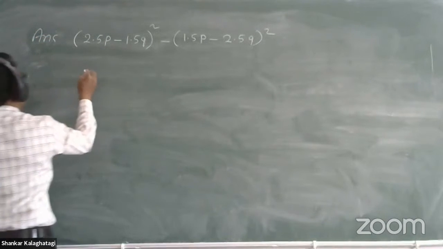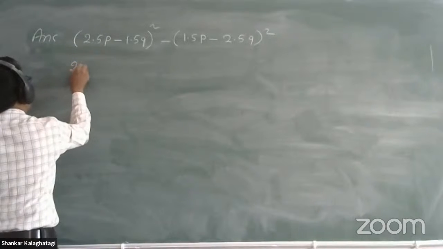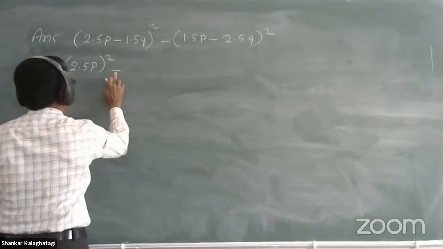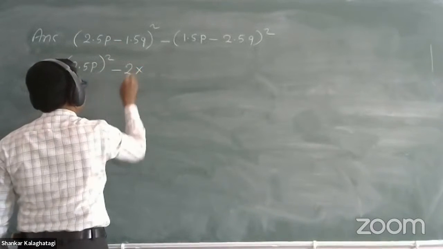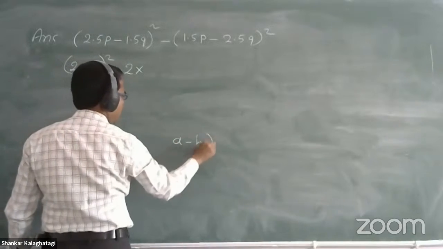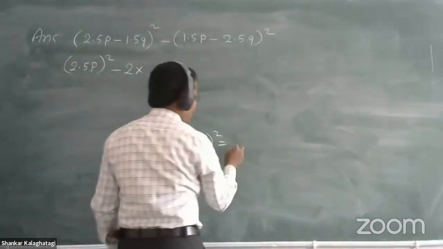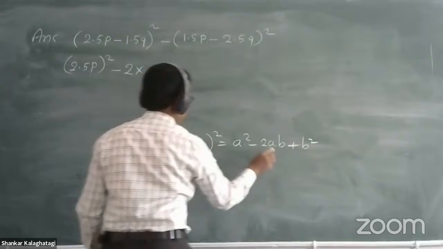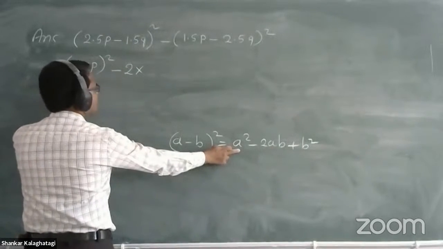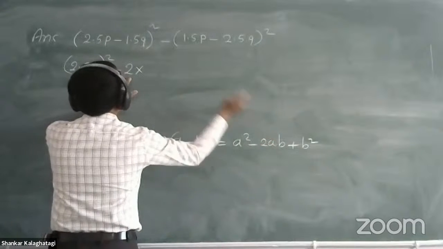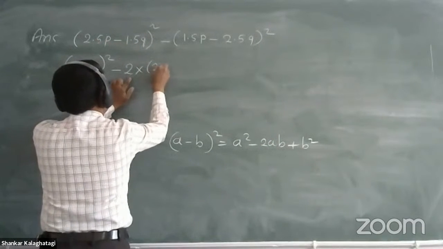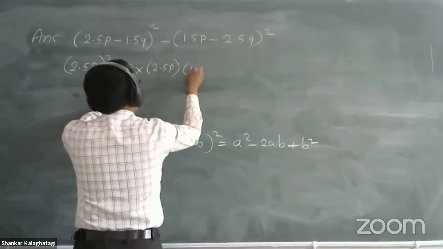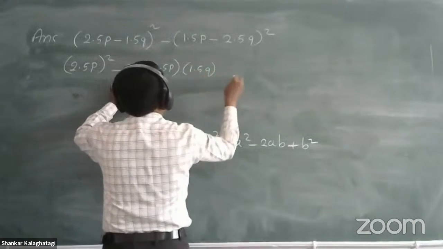Next step is first term square: (2.5p)² minus, here middle minus means here also minus comes, 2 times. I am writing (a − b)² equal to a² − 2ab + b². I am using this identity. First term square a², 2 times a means first term, here 2.5p is there. b is the second term, 1.5q.